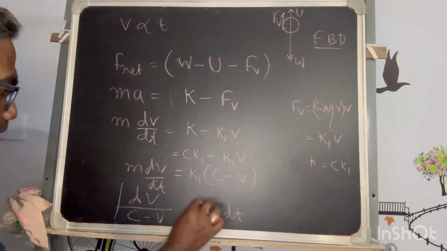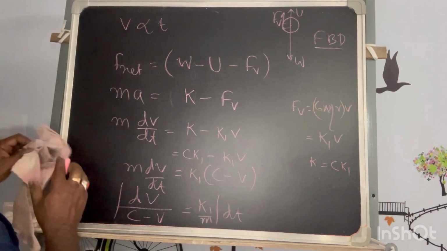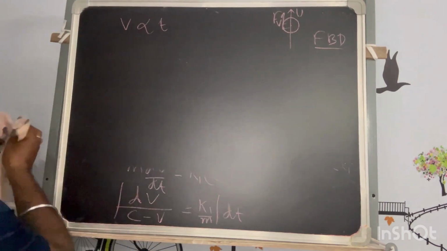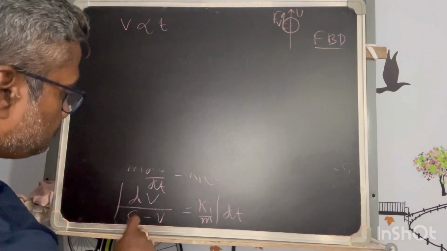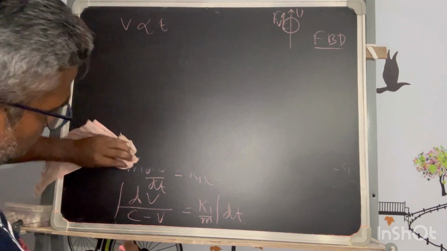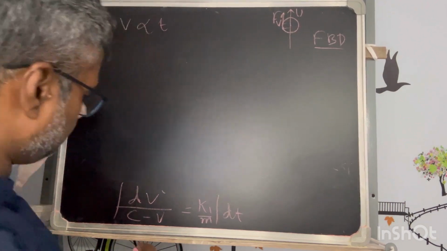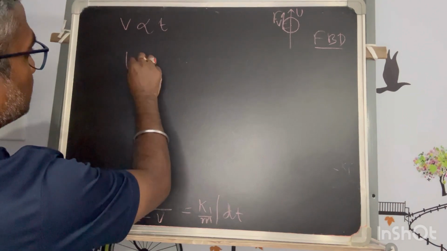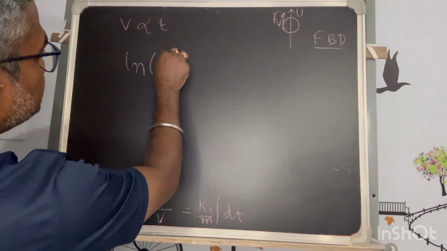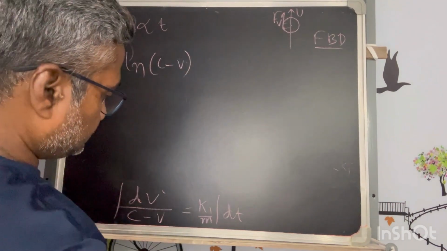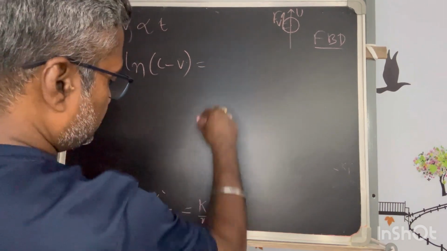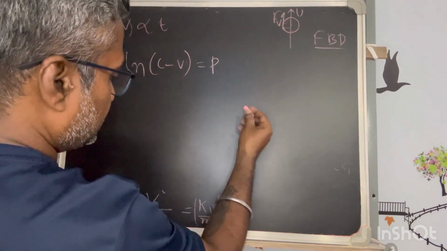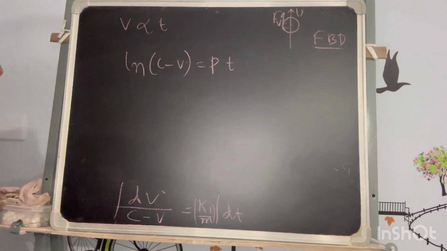Now integrating this, I will get ln (c minus v) is equal to some constant, this also is some constant, let's say this is p, I am taking it, and dt, this will be the equation.